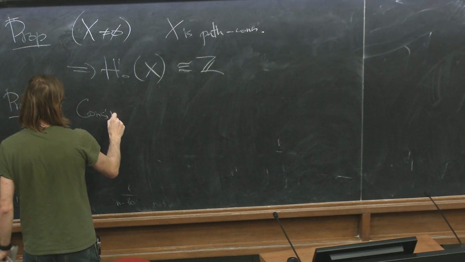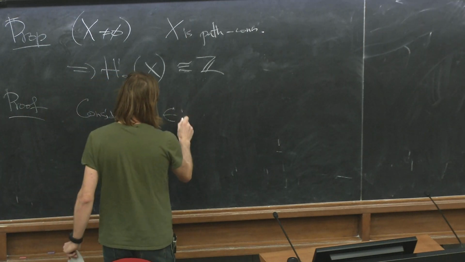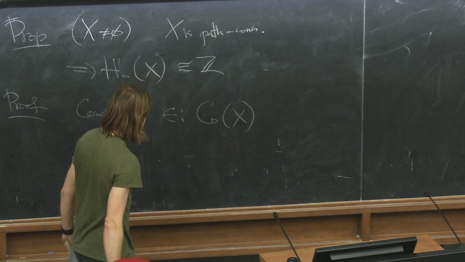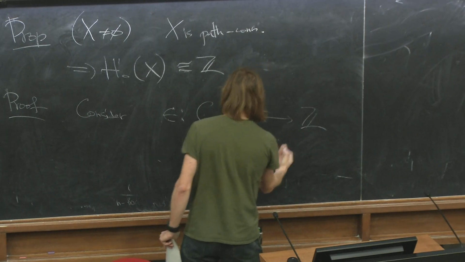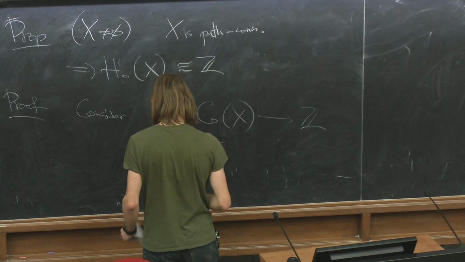So let's consider the map which we'll call epsilon, the map from the group of 0-chains to Z. And it will act as follows.